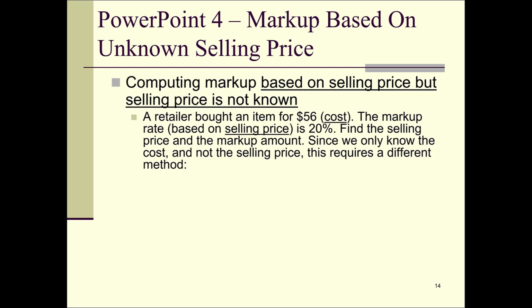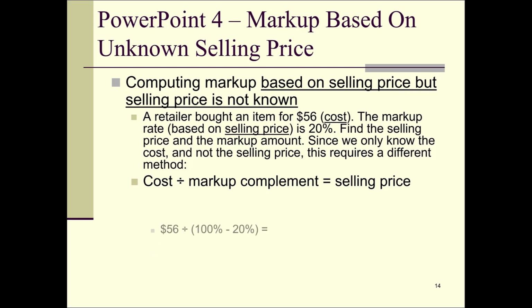Since we only know the cost and not the selling price, we have to do this different method where we take the cost and divide it by the markup complement. That will give us the selling price. Once we know the selling price, we subtract the cost, and that's the markup. So in this case, the cost is $56, and we have to divide by the markup complement.